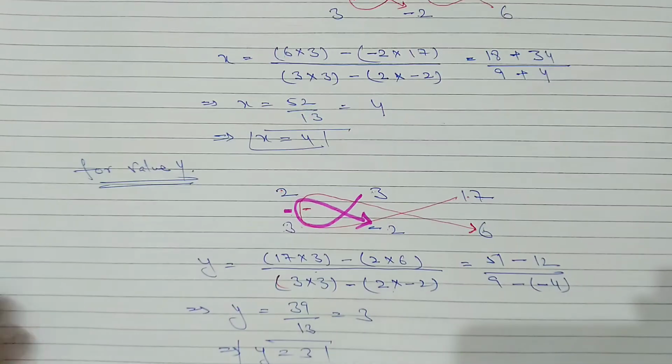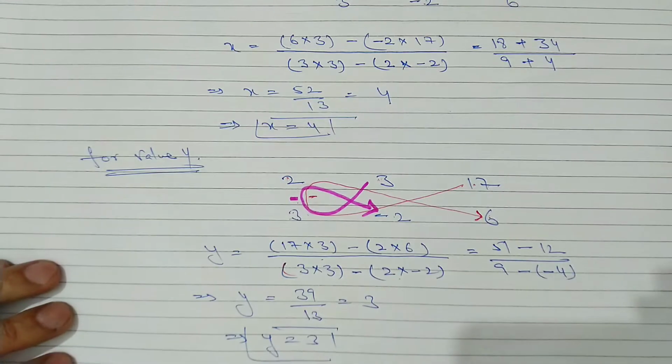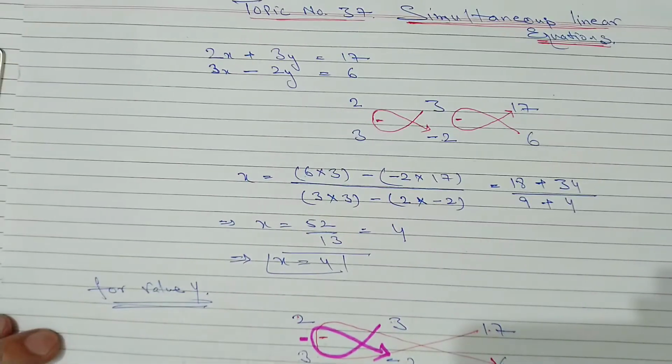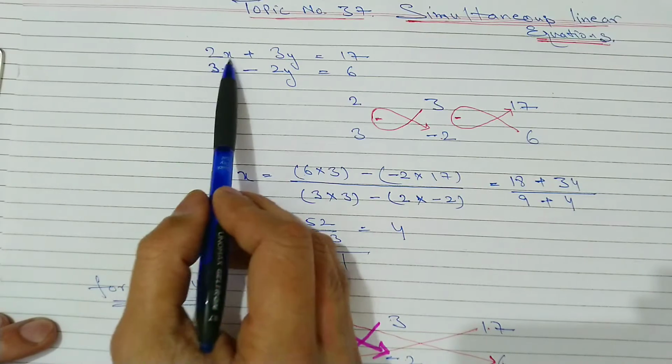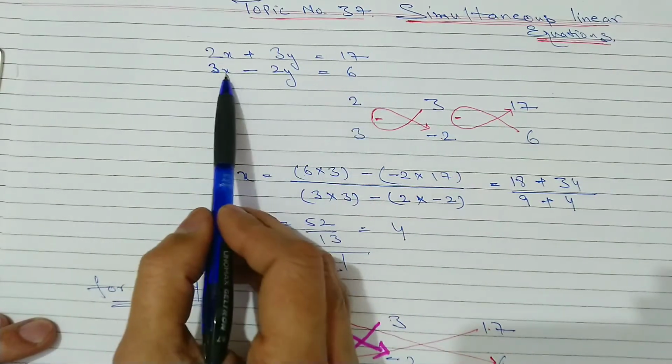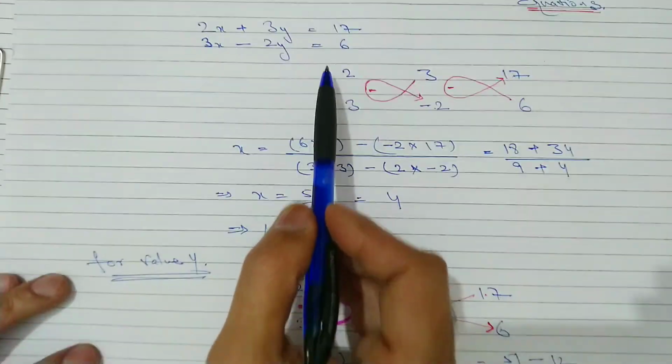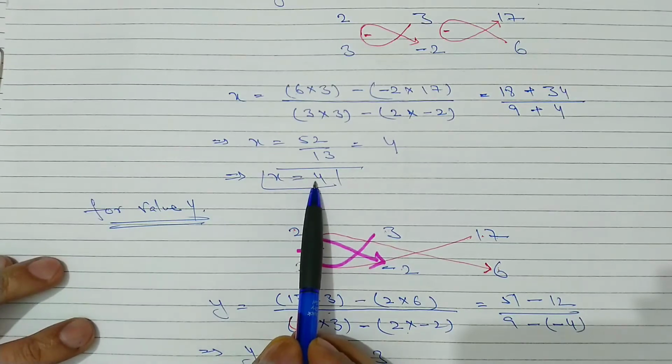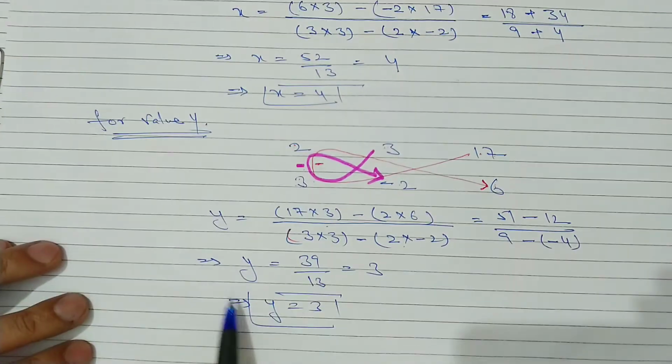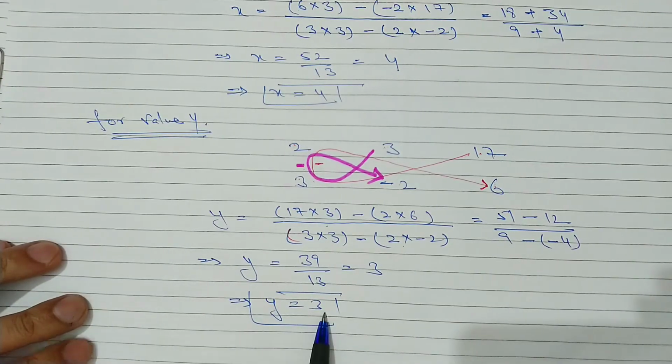By shortcut method, our equation was 2x plus 3y equals to 17, 3x minus 2y equals to 6. By shortcut method, we get x equals to 4 and y equals to 3.